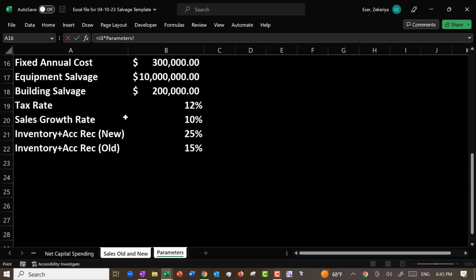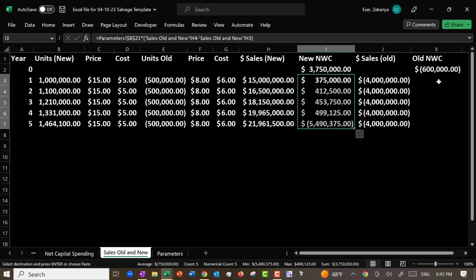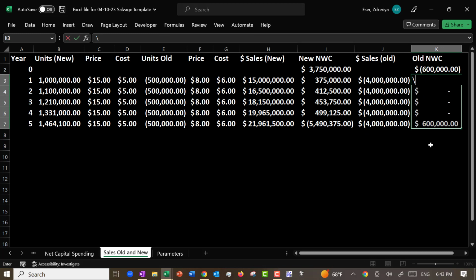Since I'm reducing my sales, that's going to also affect my working capital requirements. You know, if I'm selling less, I need to keep less on inventory and accounts receivable. And the same formula will apply here. Since change in the sales of the old product is the same, there is no additional net working capital in years.